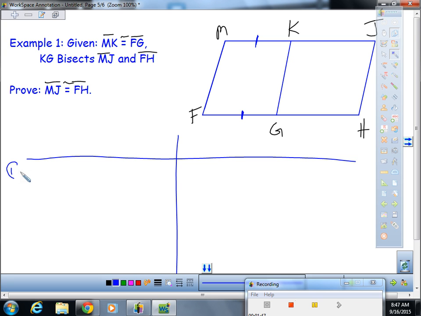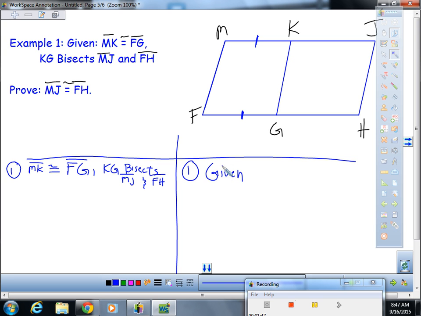So, step 1, I'll write down my givens. MK is congruent to FG, and KG bisects 2 things. It bisects MJ, and it bisects FH. Okay? That is given.